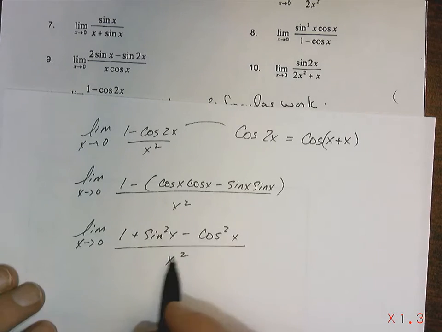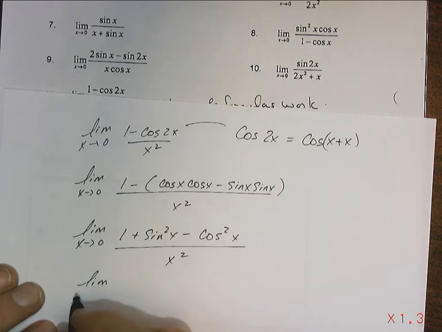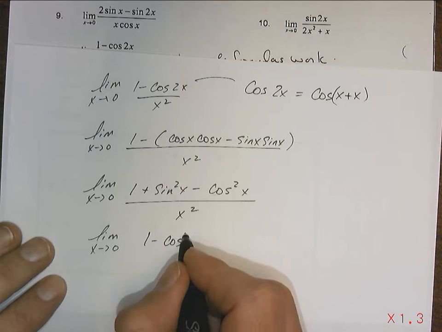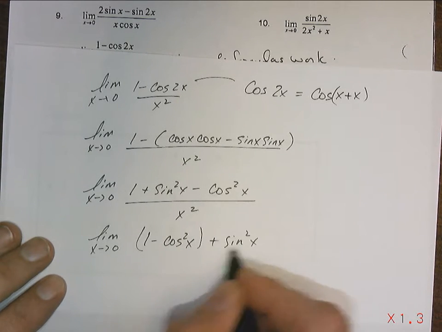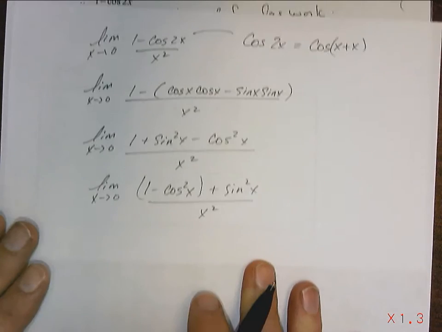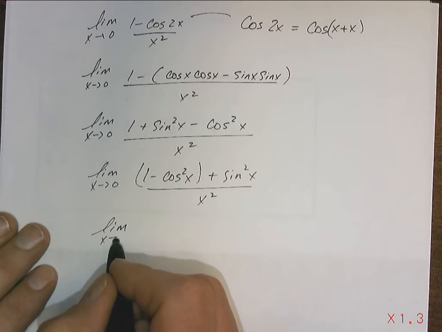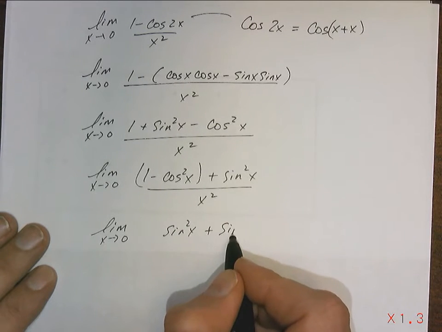Well, I can do this. It can be the limit of x approaching 0. Maybe I'll rearrange it. 1 minus cos squared x plus sine squared x over x squared. This we know equals sine squared x plus sine squared x.